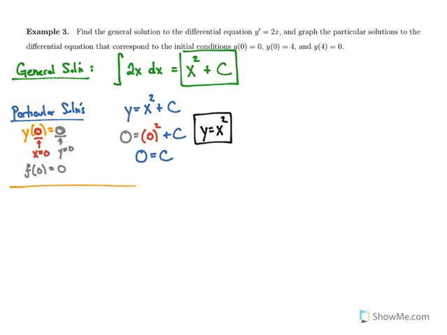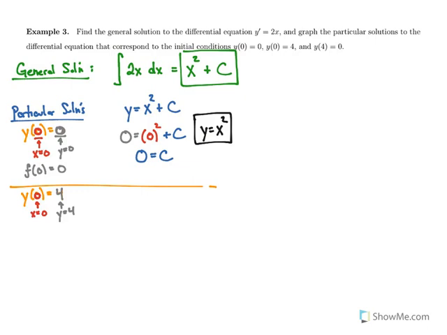All right, let's do this again. This time we're going to do it with y of 0 equals 4. So here the x value again is 0. And the y value in this case is 4.